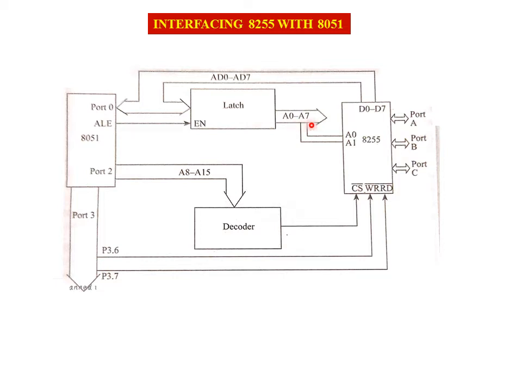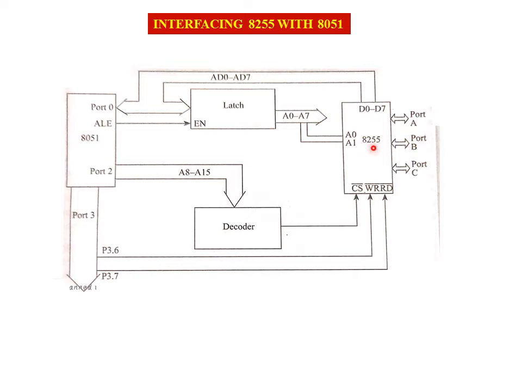Totally there are 8 bits, but we are not connecting all 8 bits here. We are connecting only 2 address bus bits, that are A0, A1. If 00 is selected, port A is selected for input output operations; if 01 is selected, port B; 10, port C; and 11, the control register is selected for input output operation.